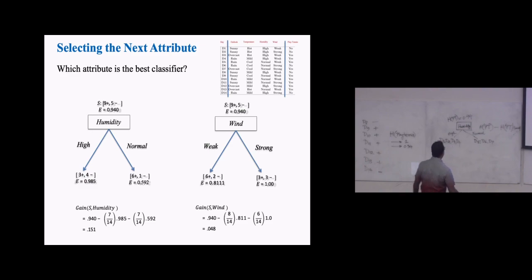Then high, and then 3 normal: 8, 9, 10, 11. High, normal, high: 12, 14, 13. These are the cases where your humidity is high, and these are the cases where your humidity is normal. Based on that, you get 2 different partitions, and you'll have 2 different entropies in these partitions.